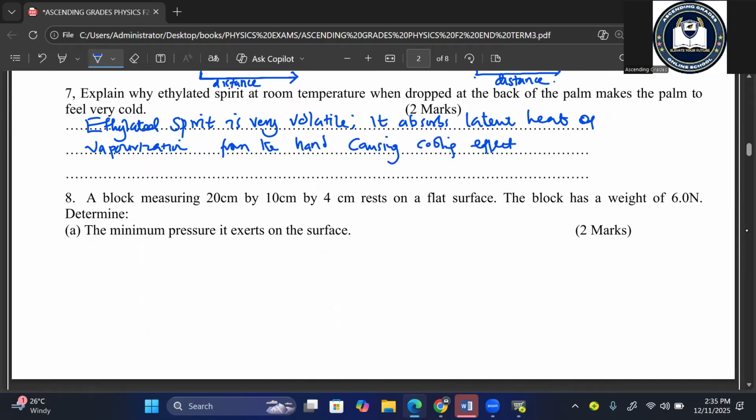You have our question 8. A block measuring 20 centimeters by 10 by 4 rests on a flat surface.